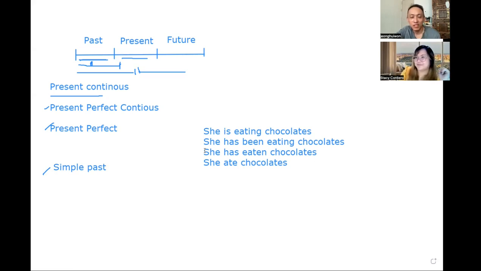Is there garbage everywhere or is her face still dirty? No. We don't know. She ate, no evidence. We just know she probably ate it. Very good. So yes, that is how we actually use these four tenses.